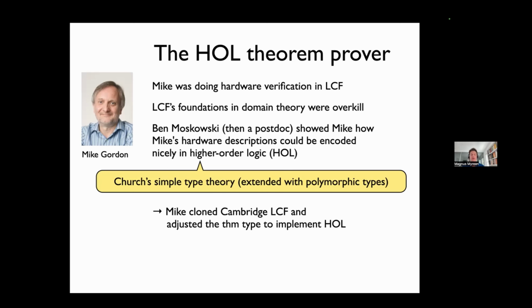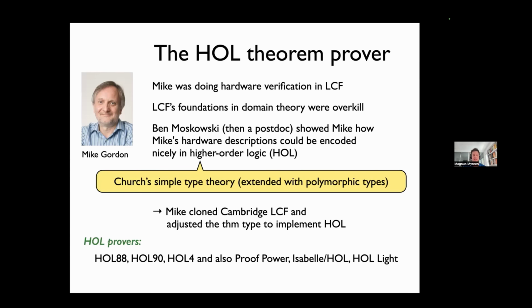Then Mike cloned Cambridge LCF and adjusted the theorem type to implement HOL instead of LCF. And that's how the first HOL prover came to be. Since then, there's been HOL88, HOL90, HOL4. HOL4 means sort of the fourth version of the main strand of HOL provers. There's also ProofPower, there's Isabelle/HOL, and there's HOL Light.